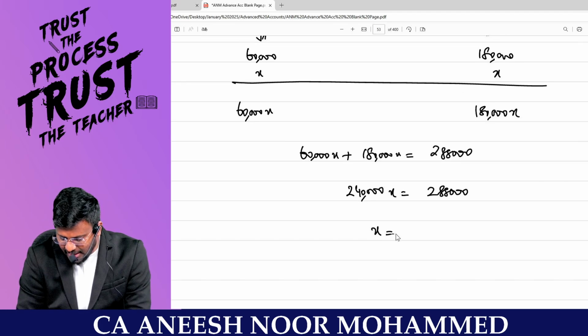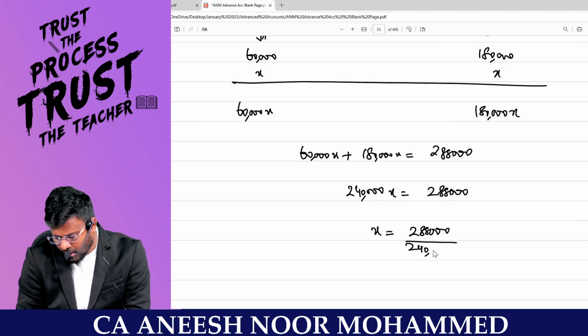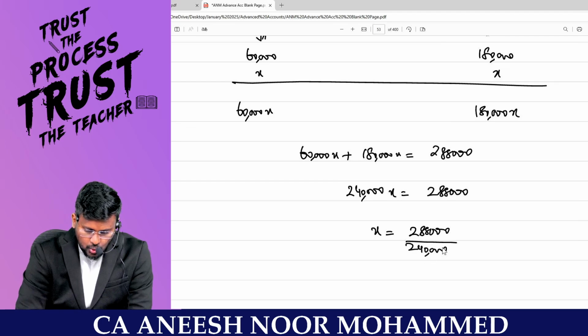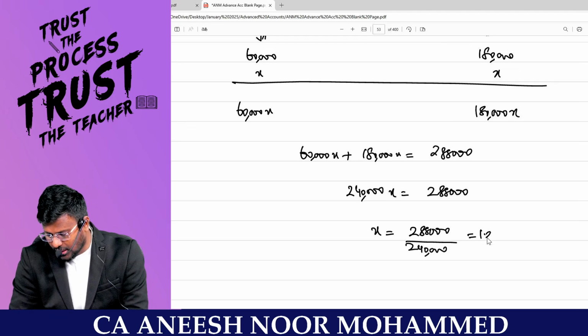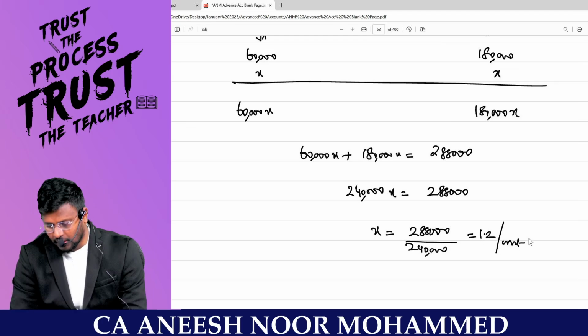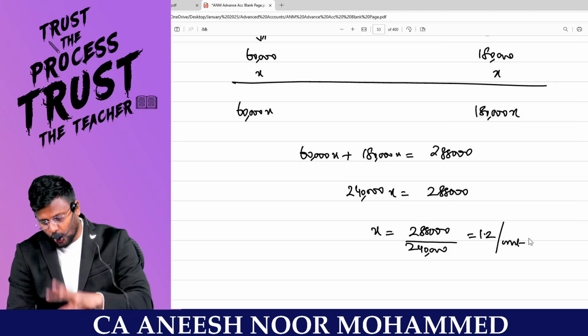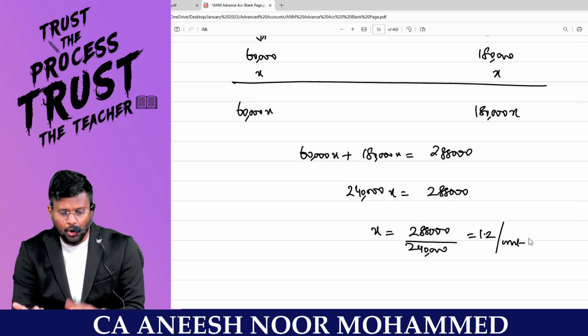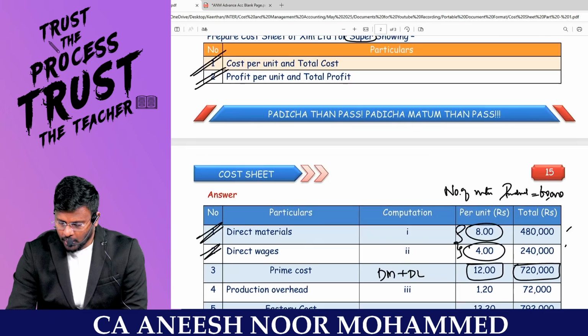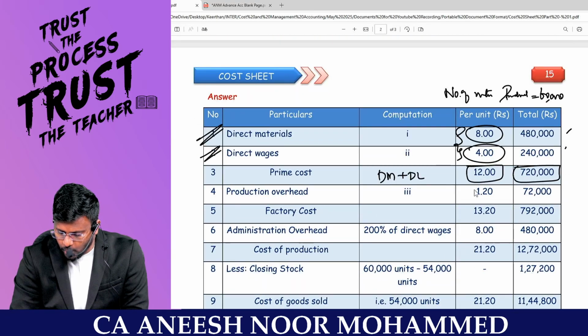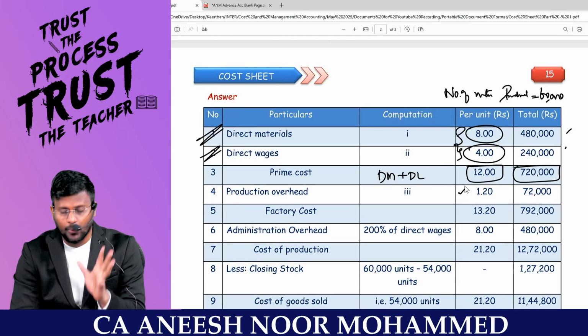So basically X is equal to 2,88,000 divided by 2,40,000, which comes to 1.2 per unit. We awarded that X to both super and normal. So let it be any product, it is going to be 1.2. That's how they got 1.2 as the production overhead per unit.